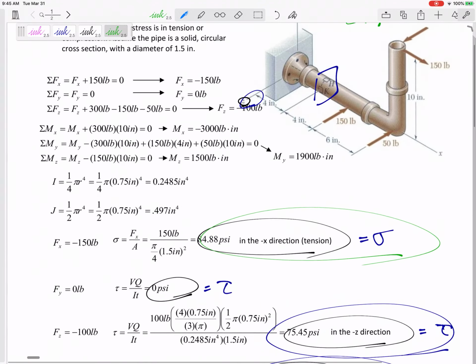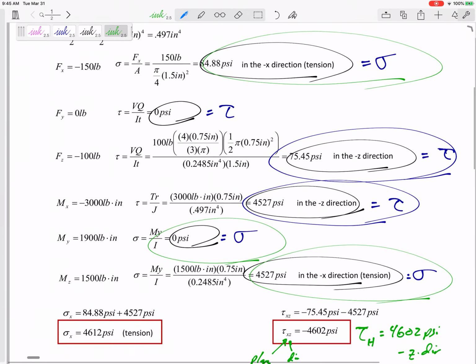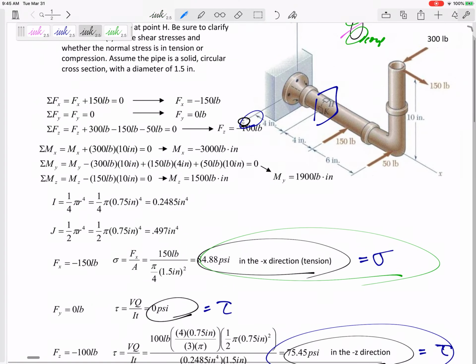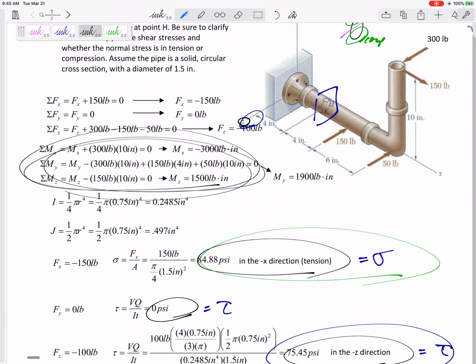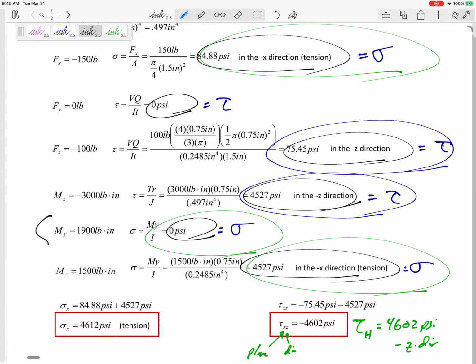And break this up into bite-sized pieces so it's a lot more manageable. But don't memorize this one. Memorize the process. So I would say go back and look at these moments. See if you can get these moments. And then maybe these bending moments and compression, tension, or 0, make sure you can visualize how that bending moment would cause either compression or tension or nothing if it's on the neutral axis.